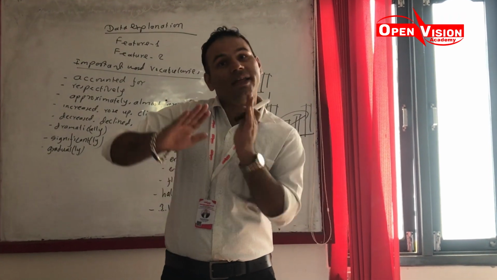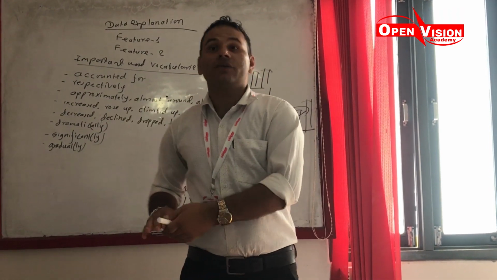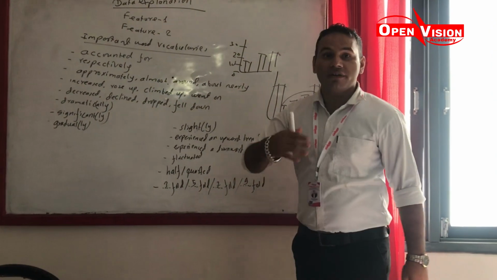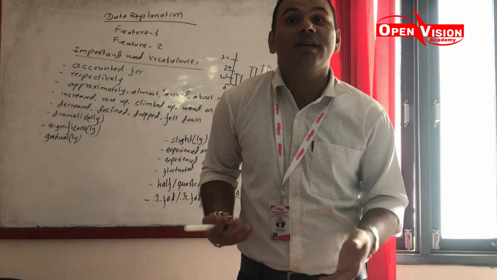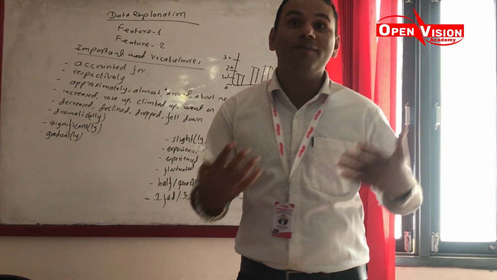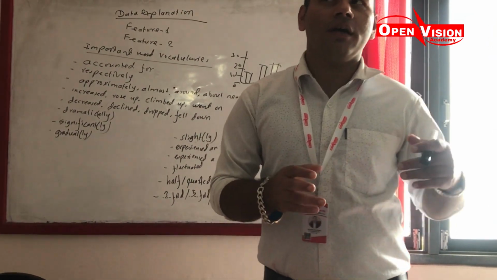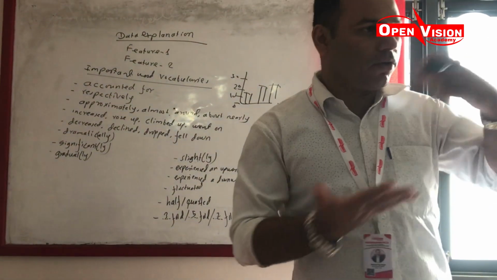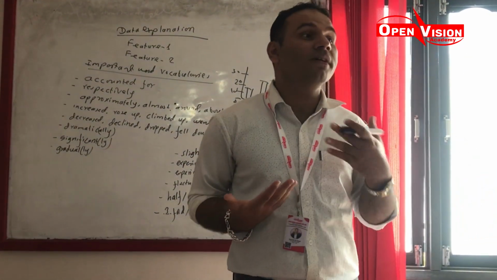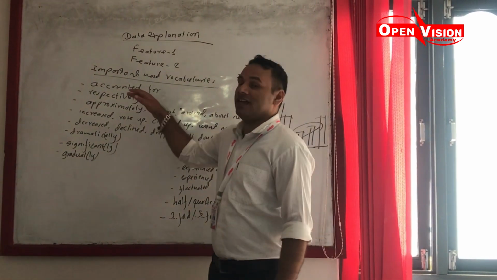Respectively indicates that it is in order. If you don't write respectively, it is not clear who prefers tea or coffee. It may also be understood that both Ram and Sita prefer both tea and coffee. That's why this term is very important.